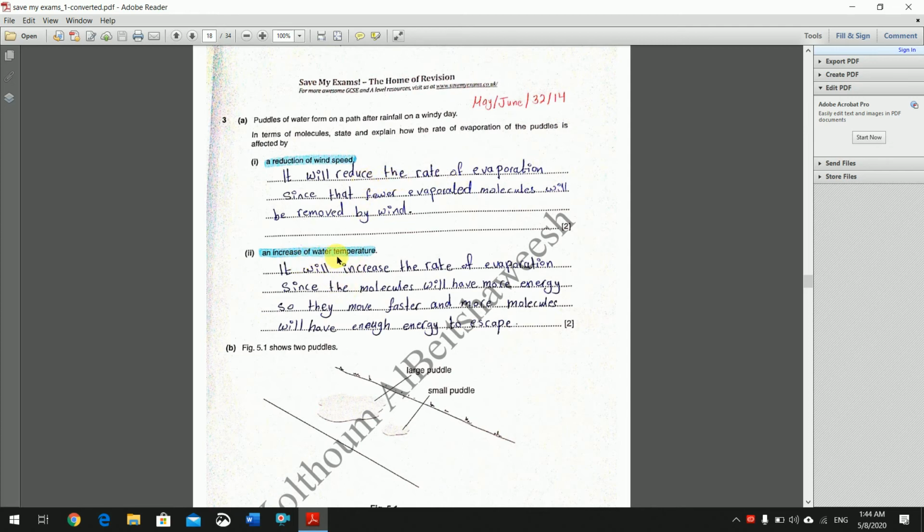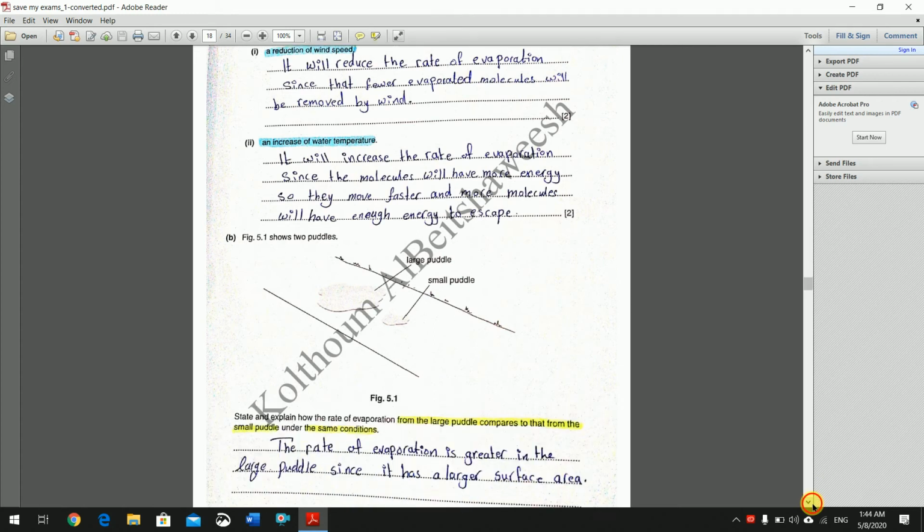Now, if we increase the temperature, it will increase the rate of evaporation because we will be giving the molecules more energy, so they will move faster. So we will have more molecules that will have enough energy to escape the surface of the puddles.